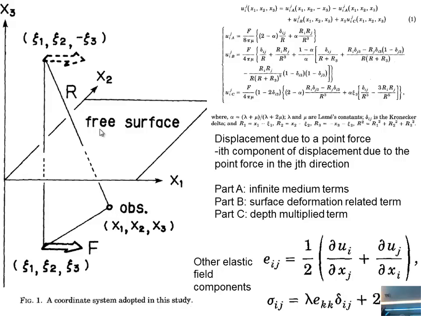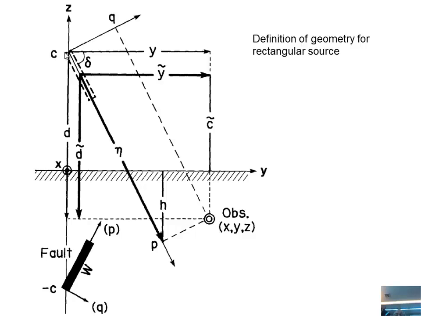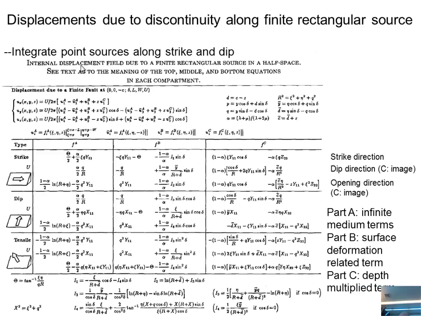And this affects the displacement. So there's something called an image dislocation that corrects for the free surface. I won't go too much into these details. This is the free surface here, there's the dislocation, and there's this image that erases the effects of the dislocation that would be above the free surface.